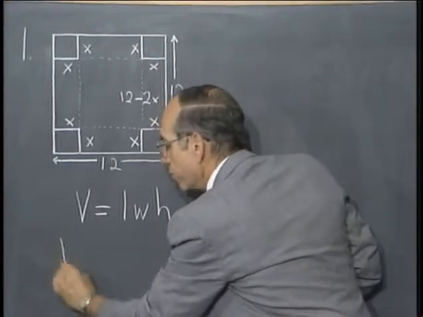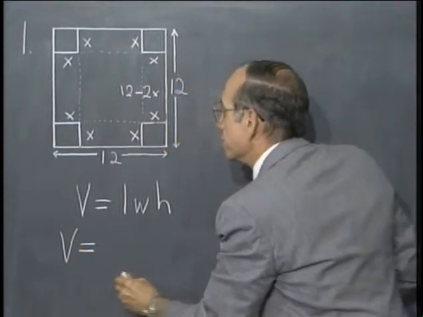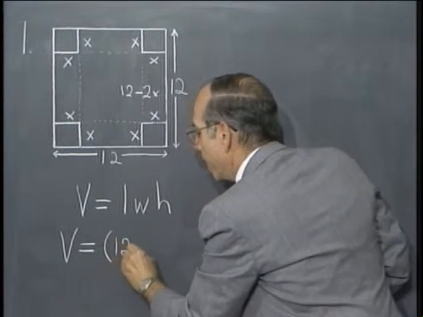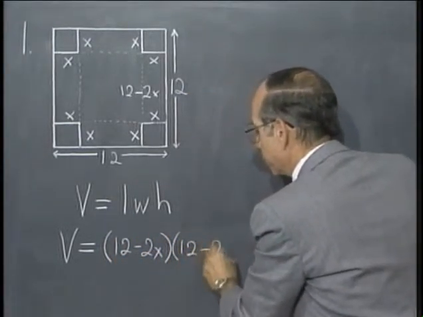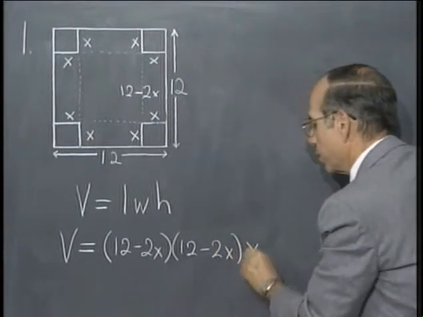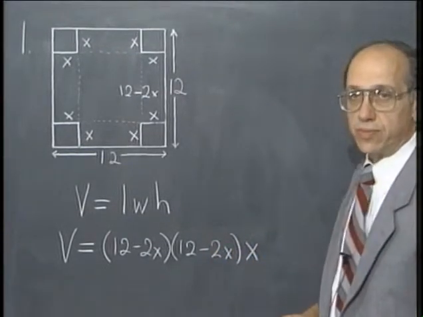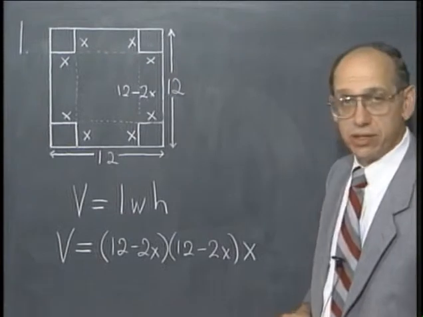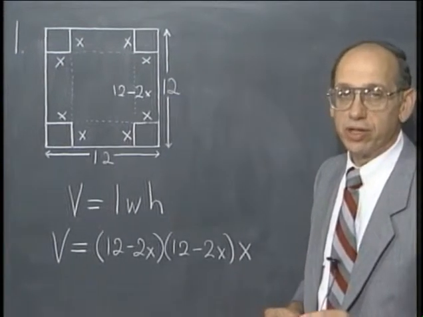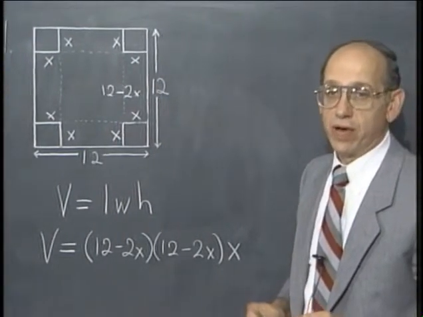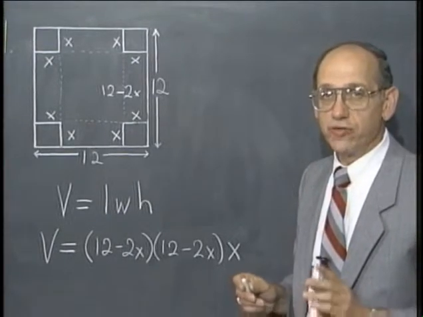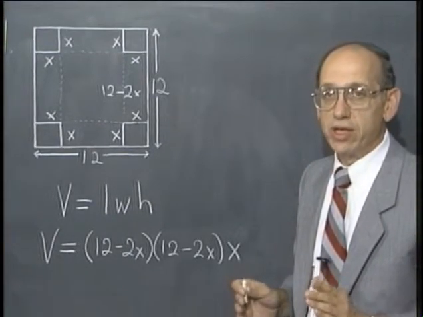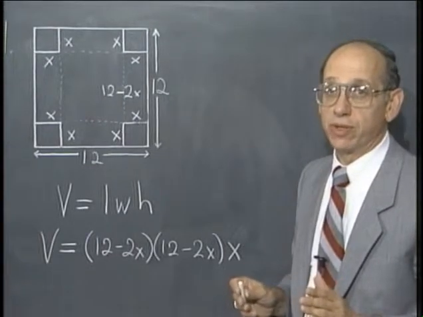So I have this expression now. The volume is equal to 12 minus 2x by 12 minus 2x by x. So I have the volume of the box as a function of x. And what I want to do is find the value of x which will make the functional value, the value of V, the largest possible.